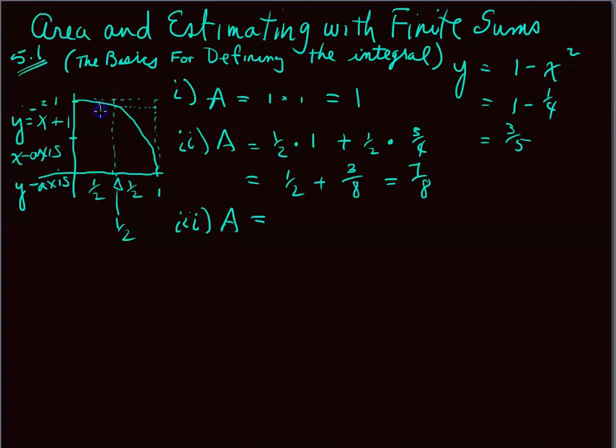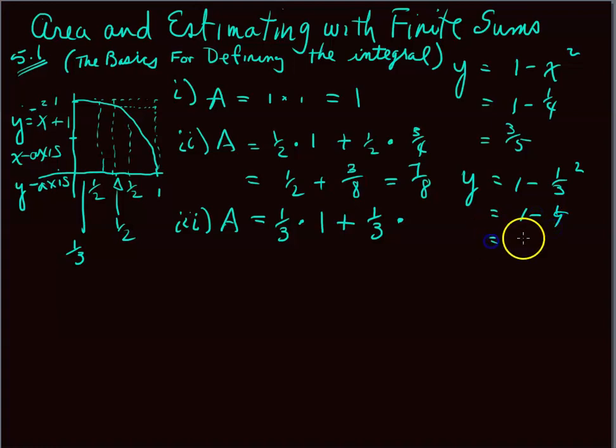We have this height, which is still easy to calculate, 1/3 times the 1. But then we have also a width of 1/3 here, so it's 1/3 again, times, but now we need the height at 1/3. So if we plug in a 1/3, 1 minus 1/3 squared, 1 minus 1/9, or this is 8/9.